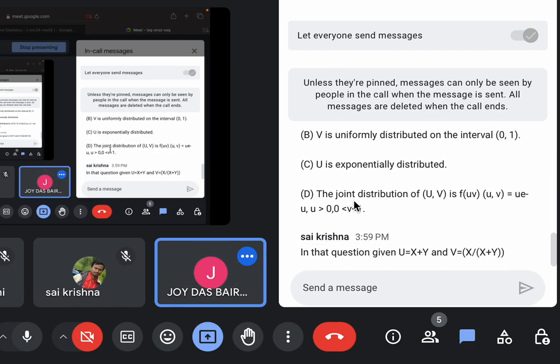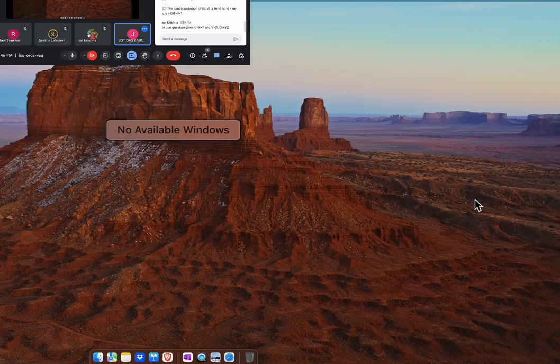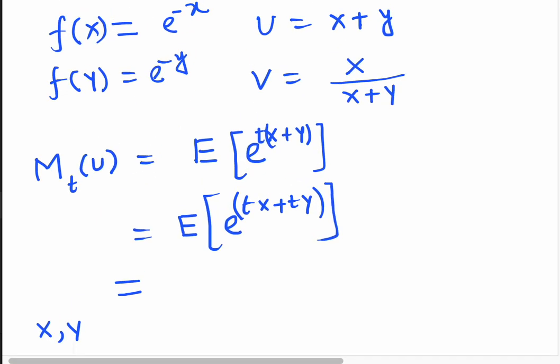And the joint distribution of U, V is u e to the power minus u. Well, let me first calculate the moment generating function.